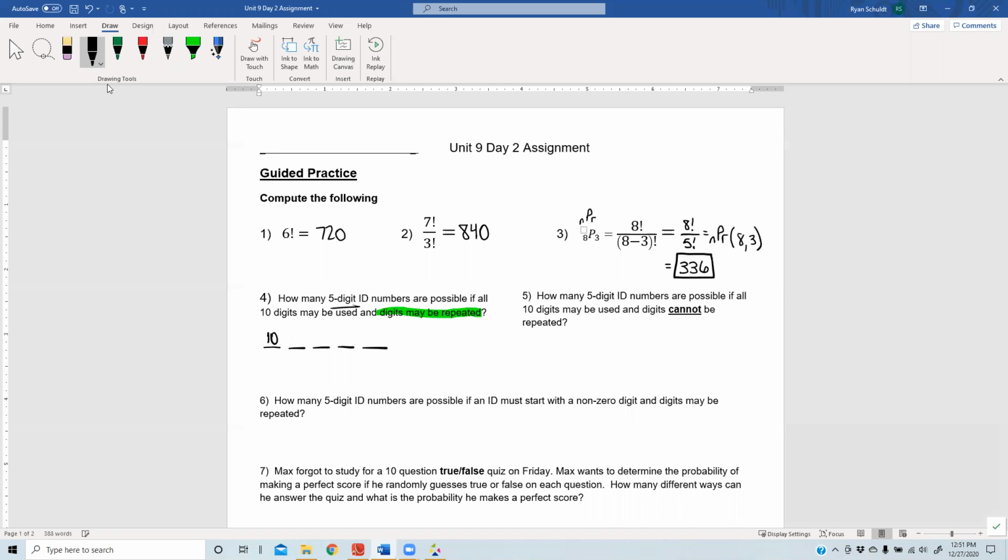So there's 10 options for the first digit, 10 options for the second digit, 10 for the third, 10 for the fourth, and 10 for the fifth. You just multiply all of these together. 10 times 10 times 10 times 10 times 10.